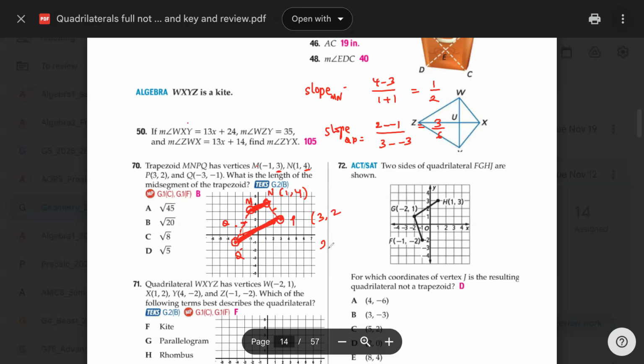Midpoint is 2 comma 3. Here, MQ midpoint is minus 2 comma 1. Correct?